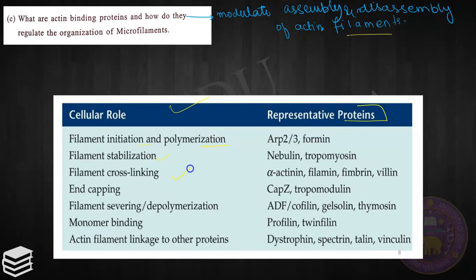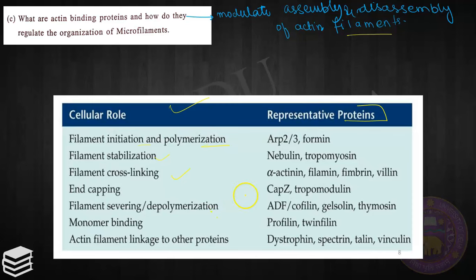Filament cross-linking, मतलब cross-linking one filament to another is done by alpha-actinin, filamin, villin and fimbrin. And capping is done by CapZ and tropomodulin. They stabilize the microfilaments or actin filaments by capping the ends and preventing dissociation.